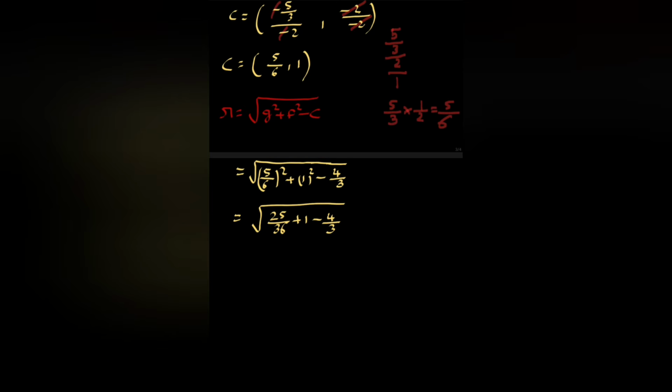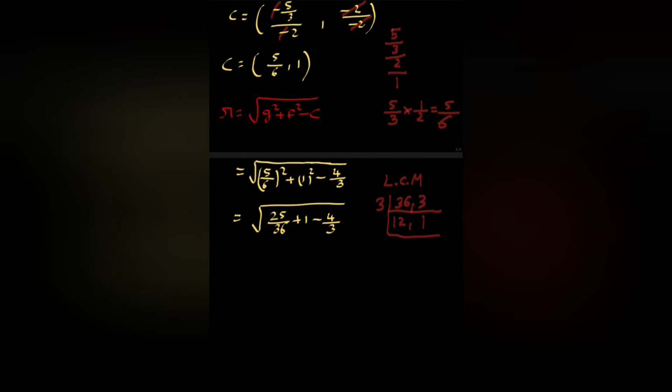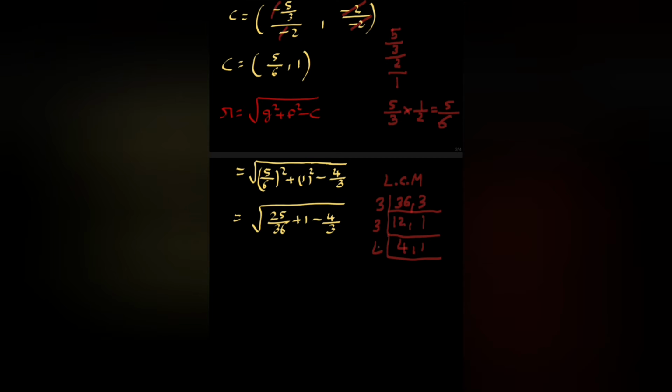So here LCM is 36, like I will do here. Taking 36 and 3, 3 12s, 3 1s, 3 4s, 1, and it's 4 1 comma 1. So 4 into 3 into 3, that is 36.